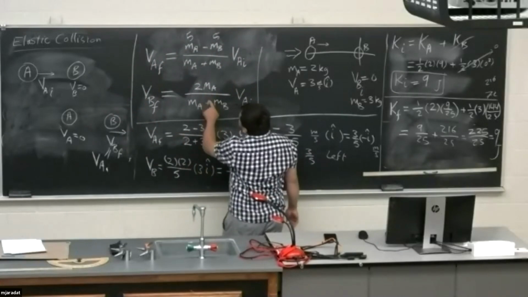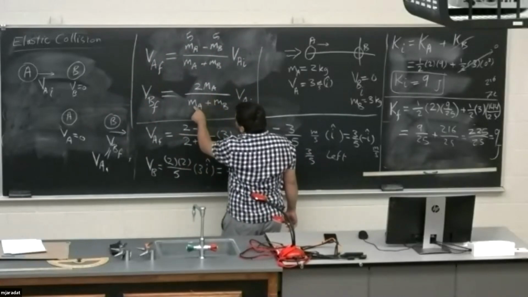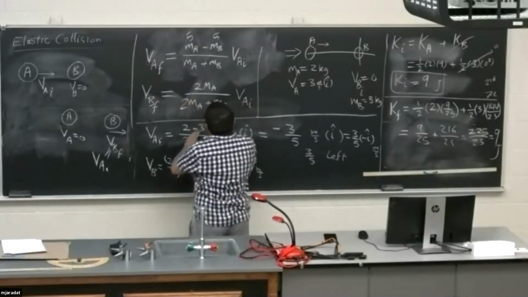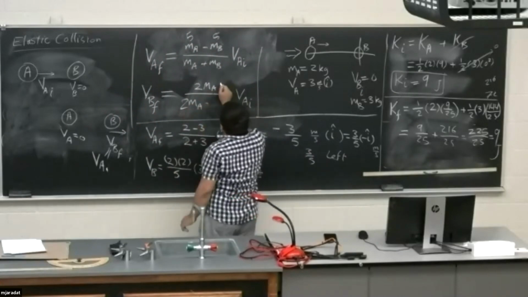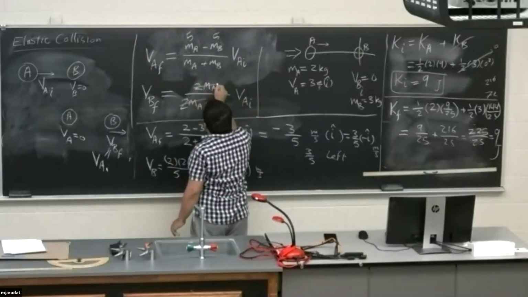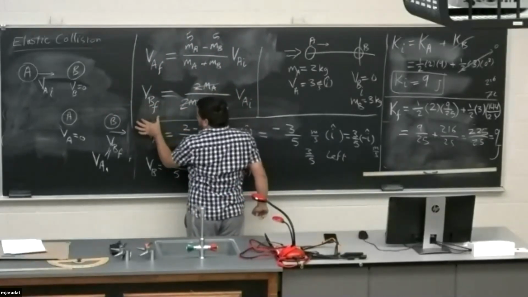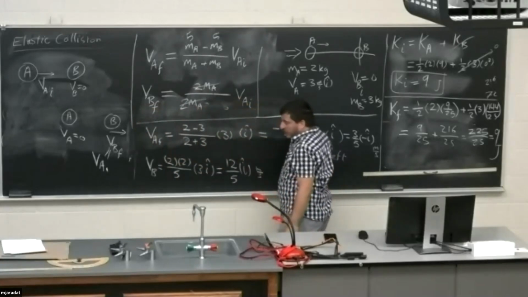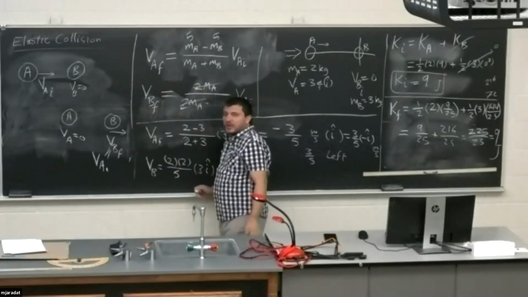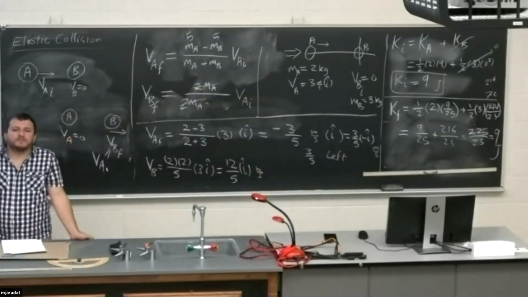The mass of A is equal to the mass of B, so this will be 2MA, because we have two masses of the same amount. Then we cancel 2 with 2, MA with MA. Then the velocity of B after the collision is equal to the velocity of A before the collision, in the same direction. Any question about this?